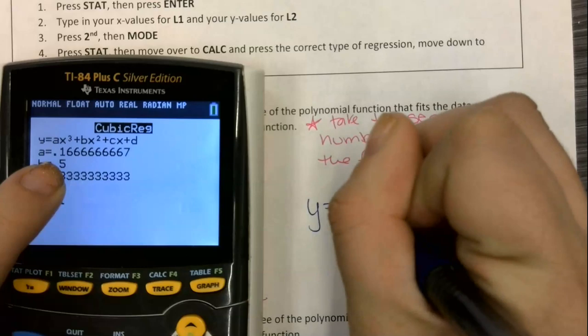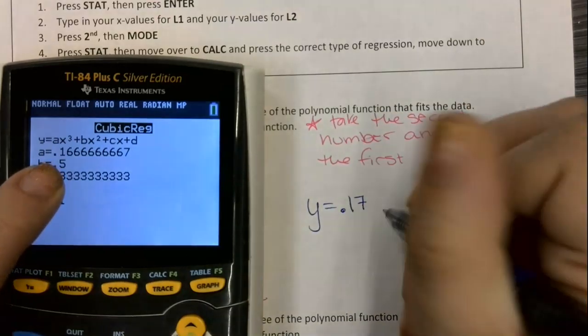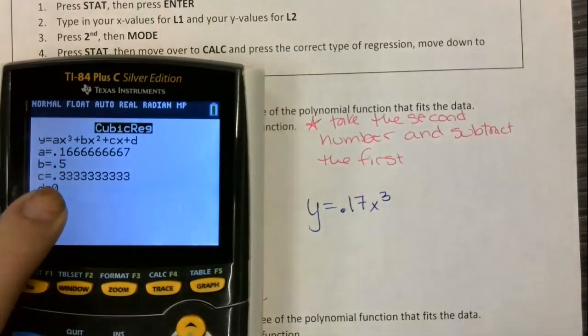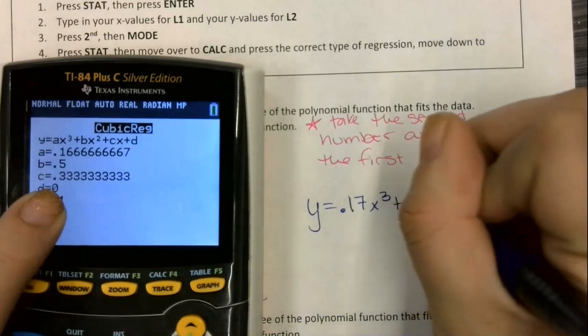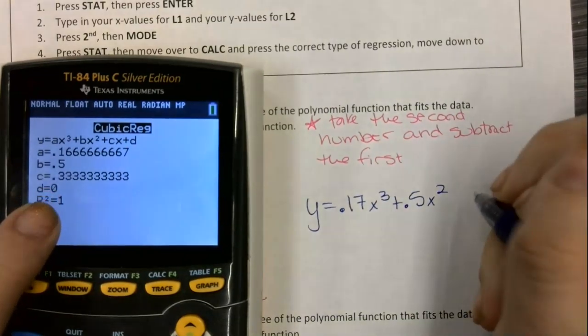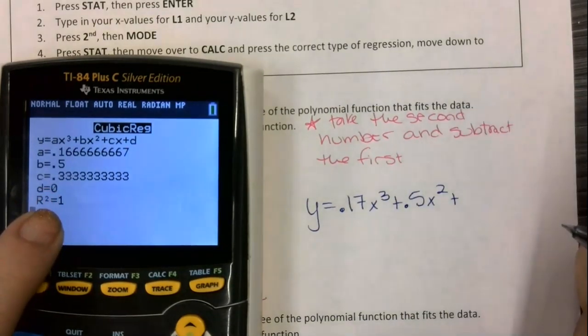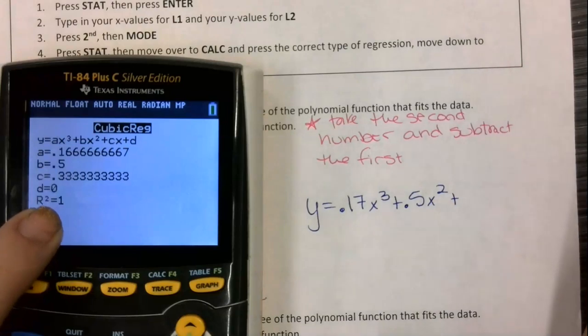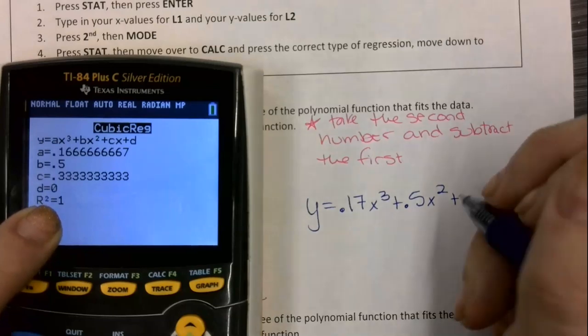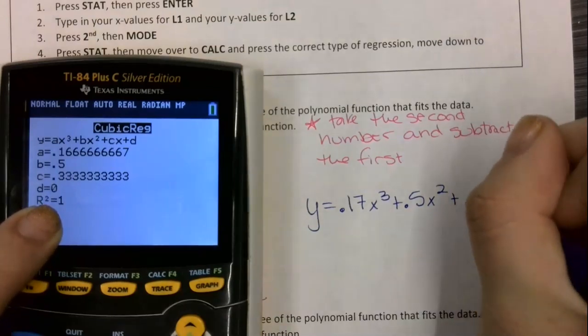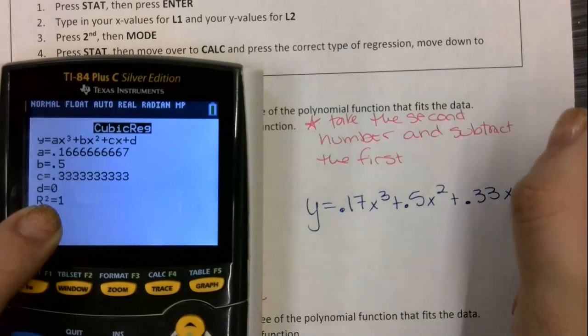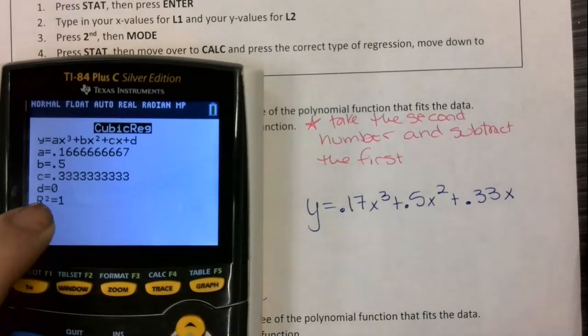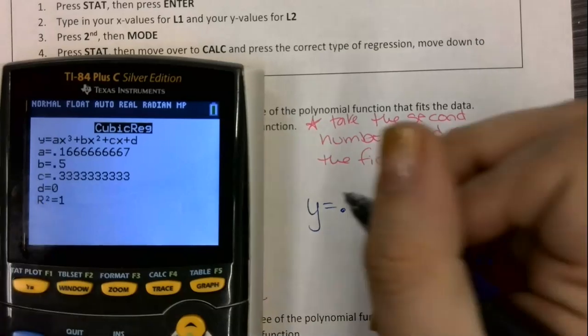So 0.17, and then it's going to be x cubed, then plus 0.5x squared. Yeah, I rounded to 2 decimal places. And on the test, it's either nice whole numbers or like 2 decimal places that end. Then 0.33x. And do I need to write the 0 at the end if it says 0? No.